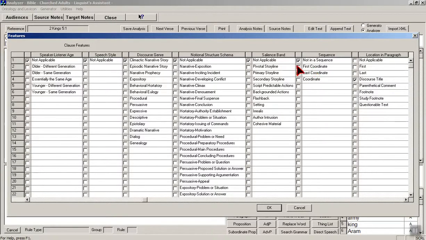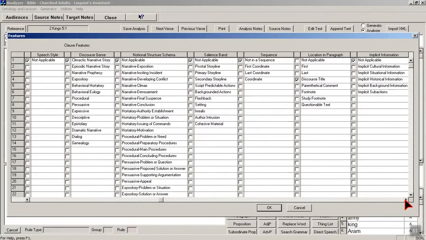So the first coordinate would be "who was a man," and the last coordinate would be "who lived in Ephesus." And this last one here is where you see that it was a title. So it says location in the paragraph, discourse title.